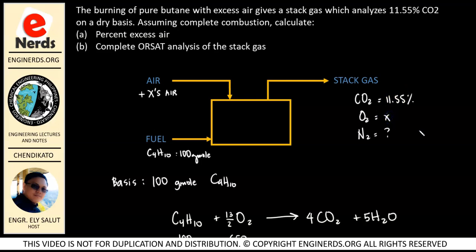Okay, so, ang magiging hint natin dito on how to proceed with this problem is itong ating carbon dioxide, because as you can see, ito lang naman yung given na ang ating percentage. So if we determine how much carbon dioxide we have in our stock gas, we will be able to determine the number of moles of our stock gas, right?